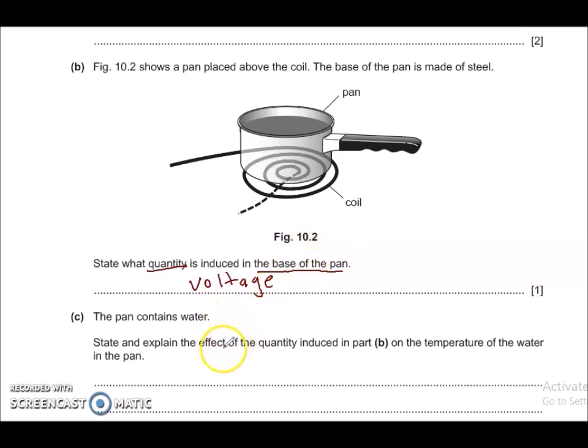Okay, now you go to C, this part. You can say effect, state and explain the effect of quantity induced in part B. So what happens here is, you can say voltage and current induced and increase the temperature of the water by producing thermal energy.